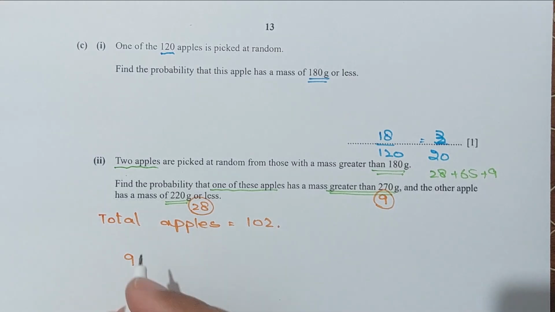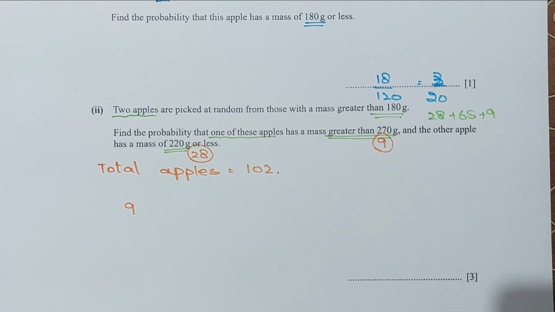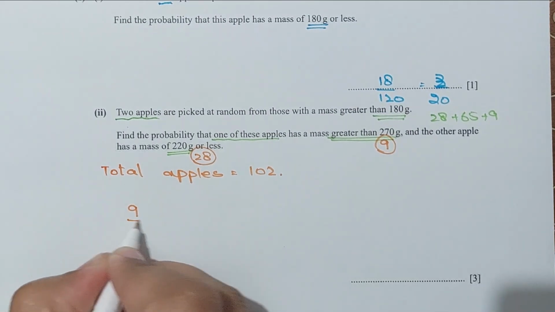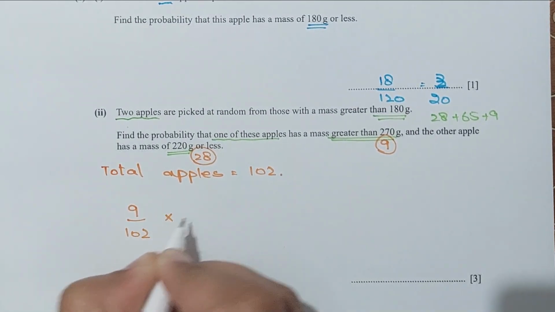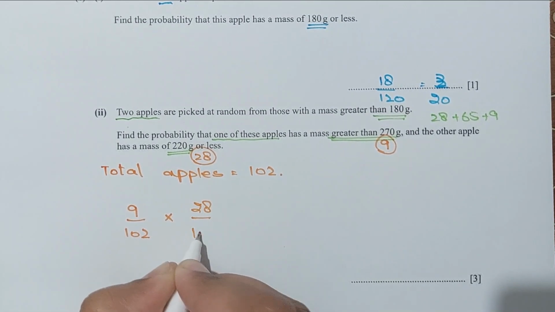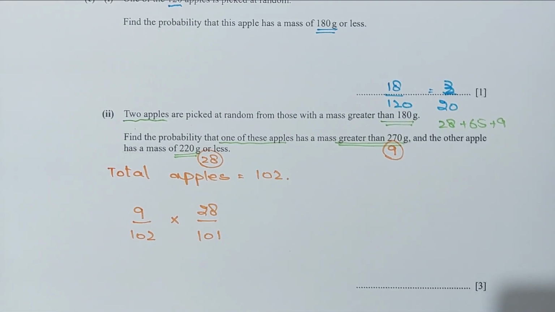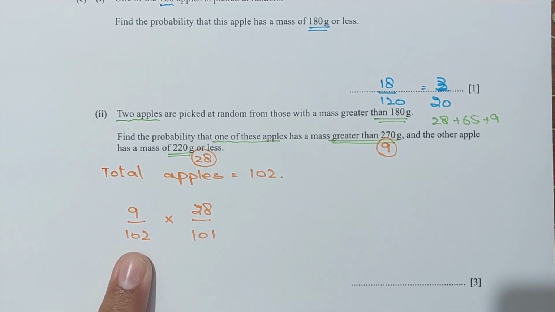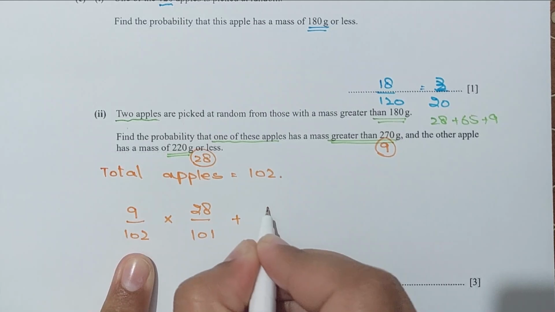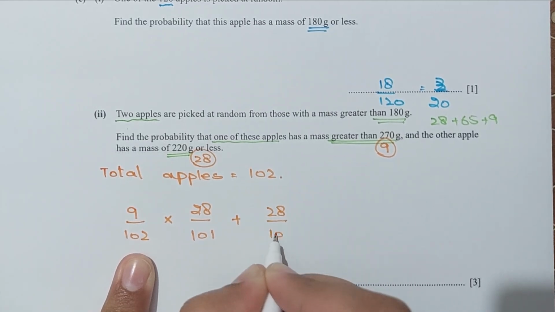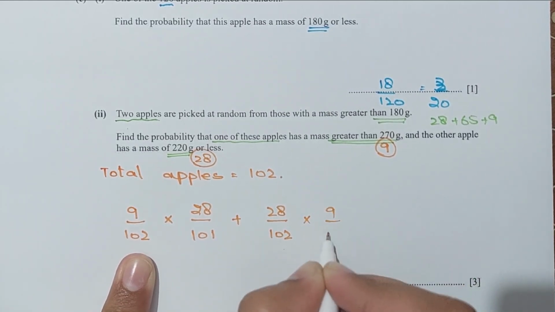So how can we write down the probability now? Let's say for the first apple, there are 9 out of 102 times the other one, 28 out of 101. Why is it 101? Because one apple is already picked. Plus, let's say the first apple has a mass 28 out of 102 times 9 out of 101.